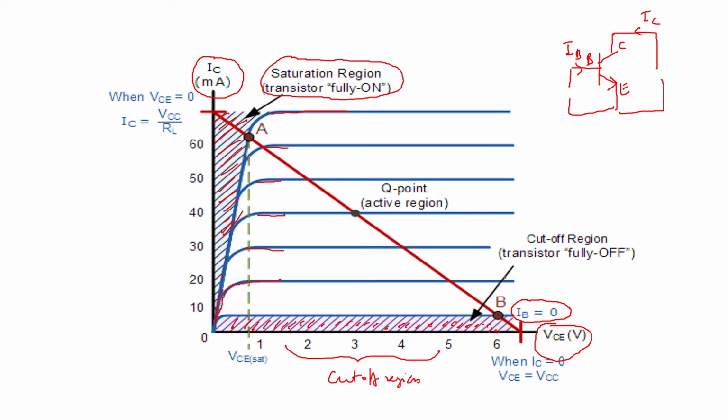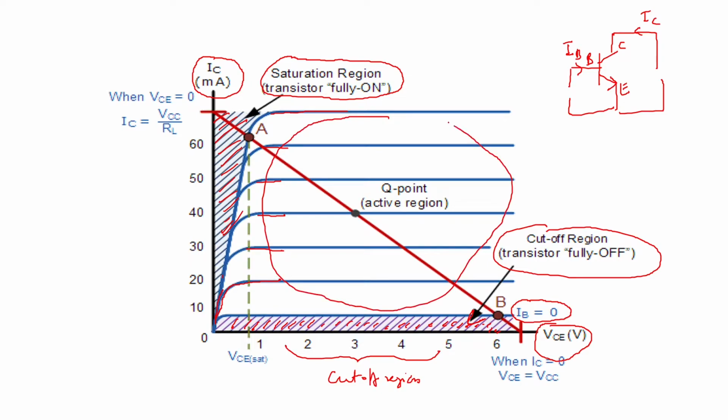Similarly, the cutoff region which we have shown, we say the transistor is fully off. Now in between, whatever area we have, will be taken as the active region. This is the active mode in which the transistor will be operated.